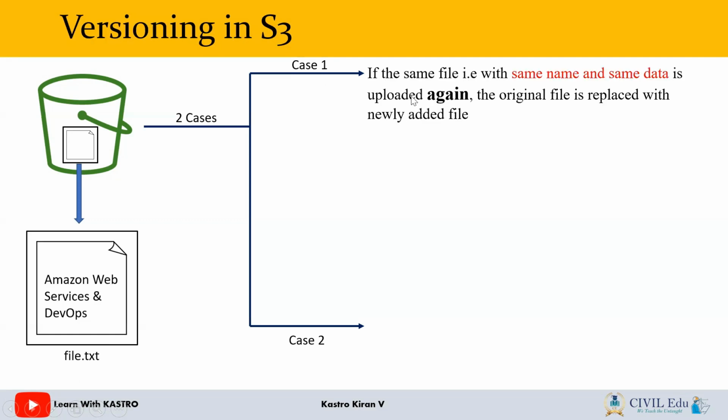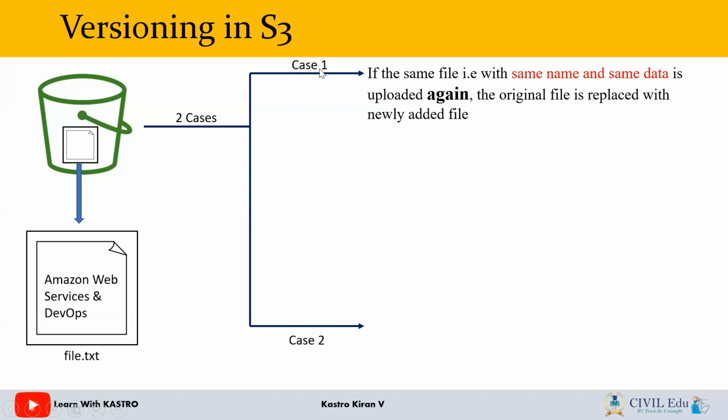The scenario is the same file, with the same name and same data. If I upload a file one more time with the same name and the same data, the original file that we uploaded will get replaced with the file that I have uploaded in case one.